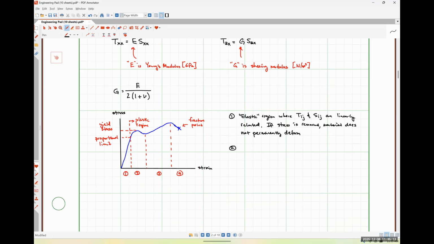Region 2 is the perfect plasticity region.